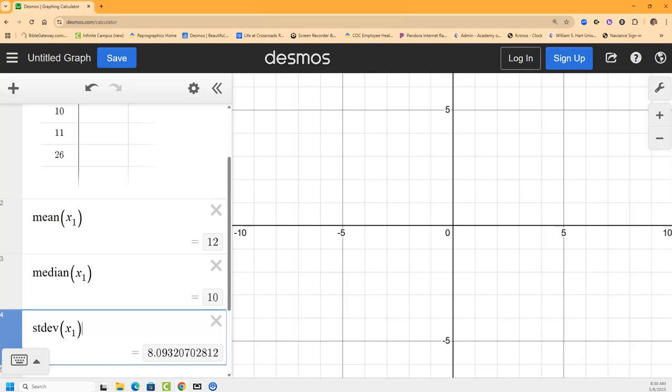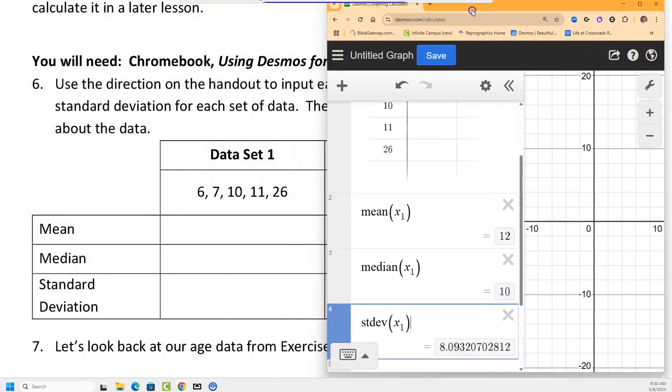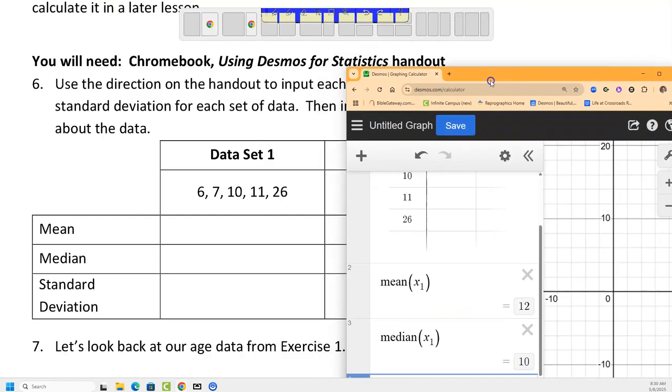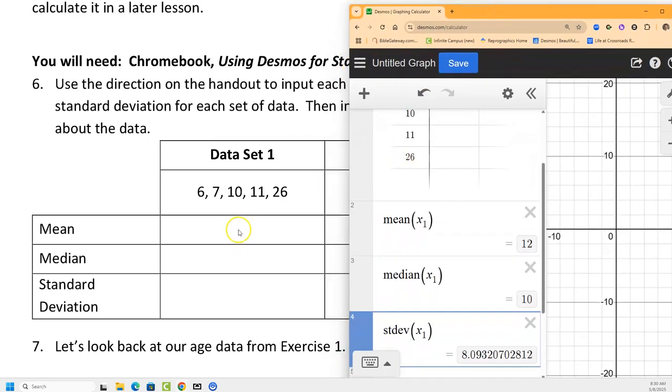Okay, so I'm going to take that data here, and I can write it onto my iPad here, so let me do that.